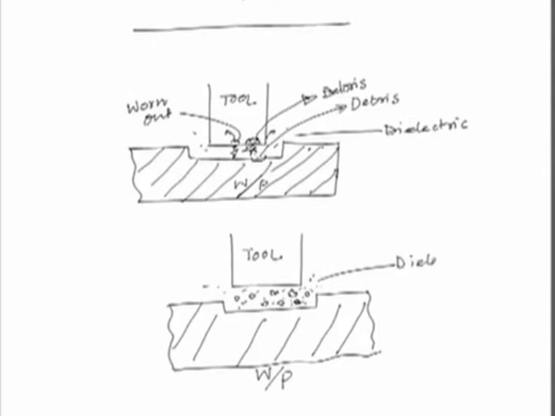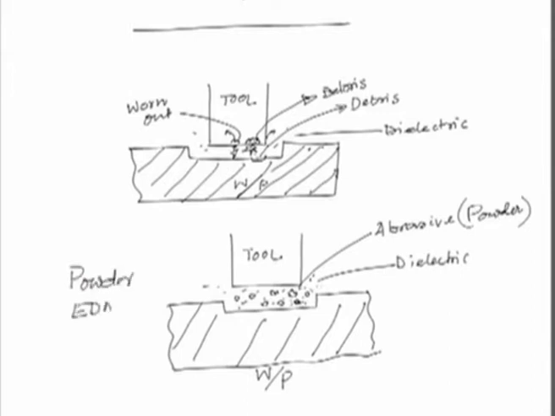So, this is the dielectric and these are the abrasives, which we call powder, the additional component in case of powder EDM. This is called powder EDM, whereas this is the conventional EDM case.